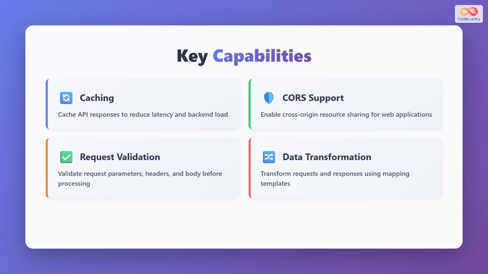Request validation checks request parameters, headers, and body content before processing, ensuring that only valid requests reach your backend. Data transformation uses mapping templates to modify requests and responses on the fly, allowing you to adapt data formats between clients and backends without changing your application code. These capabilities help you build robust, performant APIs with minimal effort.